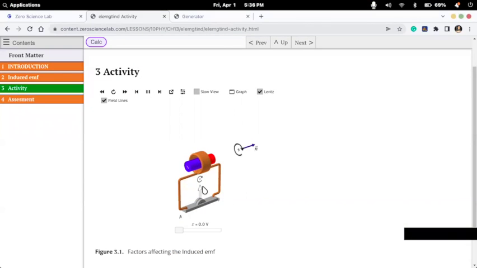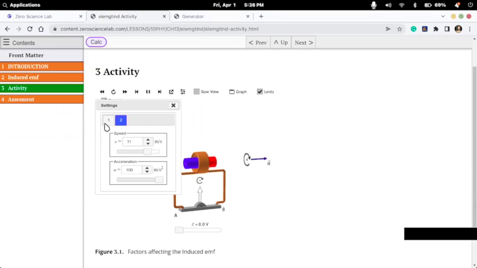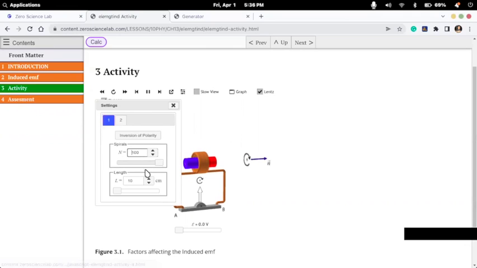Now it is. Yeah. So the information that you can collect is, first of all, select any one value for the number of loops, right? Yes. And you observe the maximum voltage and minimum voltage, right? Yes. And then you increase the length of this, find out the maximum voltage and minimum voltage.